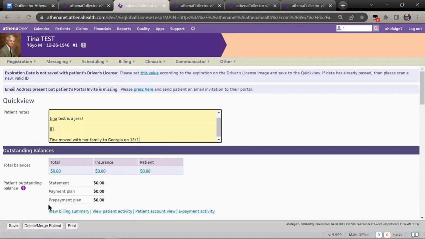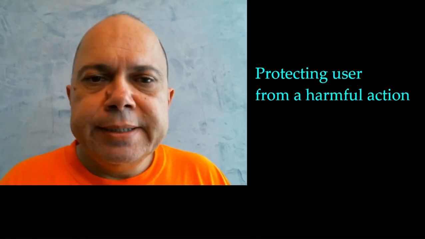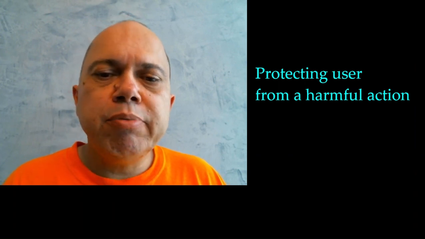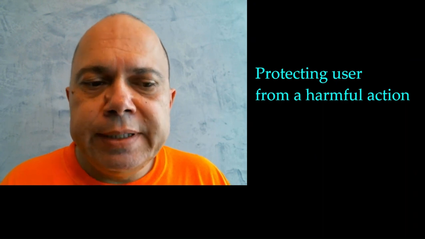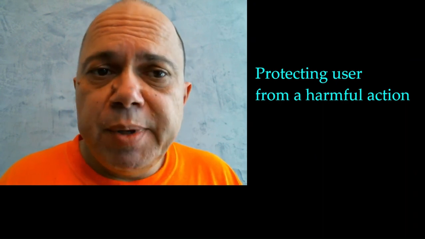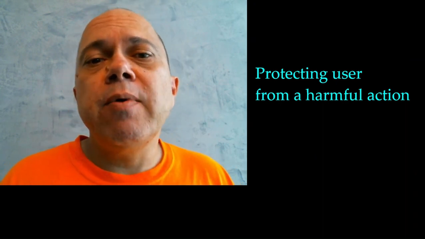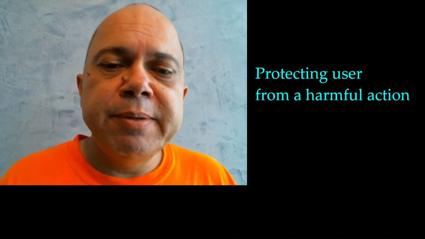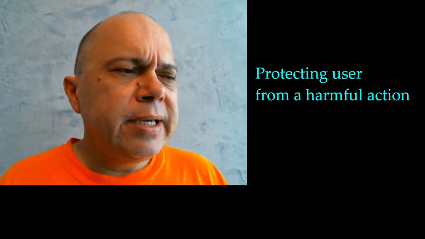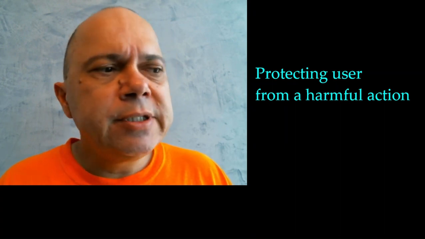And now I can hit the save button. With that little polite prompt, we get our practice and our employee and even the patient out of a pickle, because now everyone knows exactly why the patient is marked inactive and may or may not be coming back. Let's look at a third example.